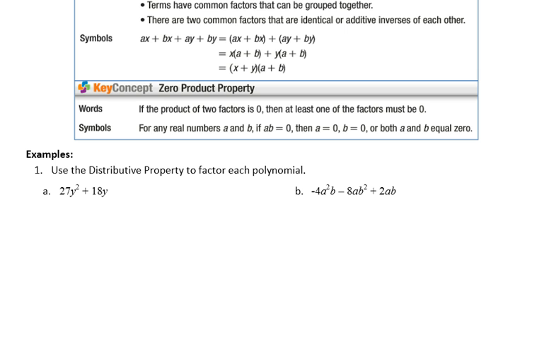It's called using the distributive property, but again, we're going backwards. And we're going to be looking for the GCF. All right, that's what we're going to look for. So when I start with this and I have 27y squared plus 18y, I want to break it up into 2 or more factors.